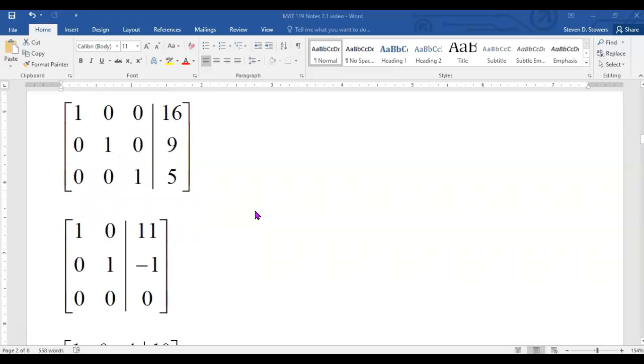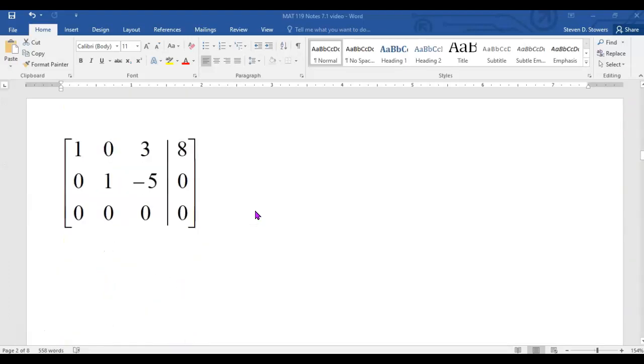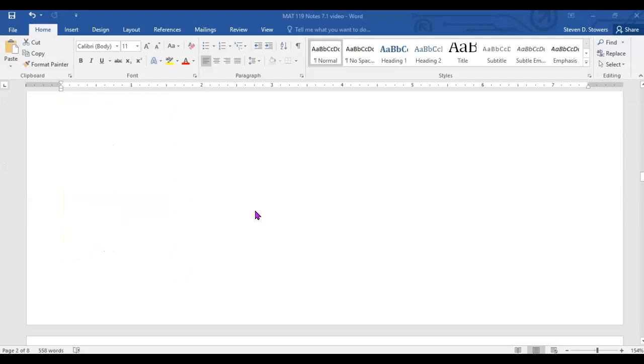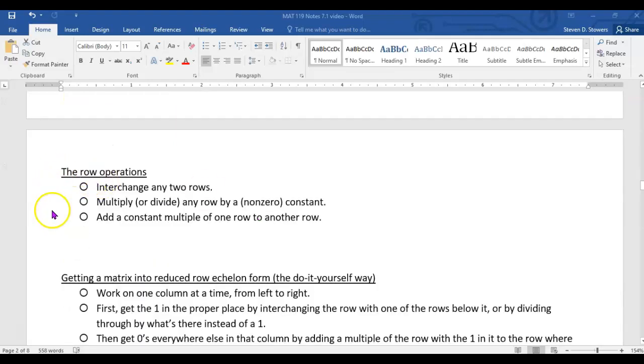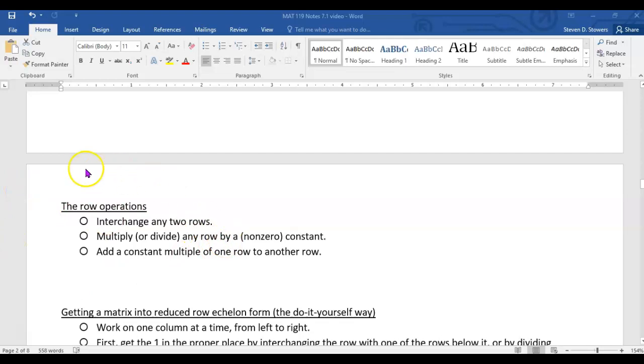So if a matrix is not in reduced row echelon form yet, we want to get it into reduced row echelon form by performing one or more of the following row operations.